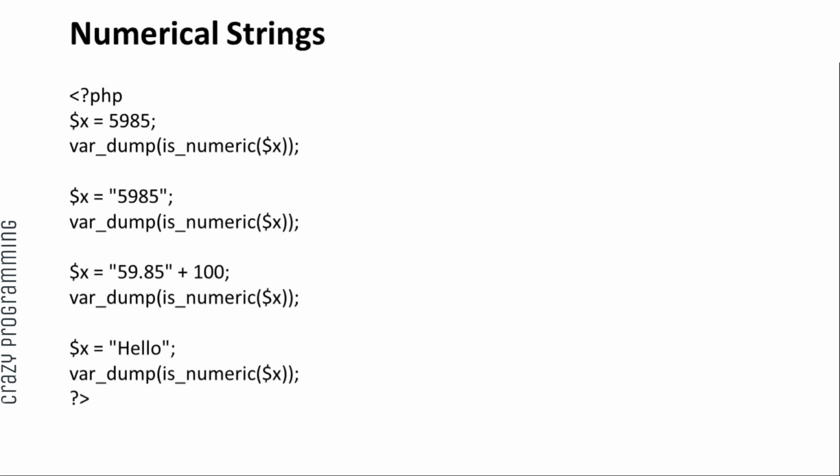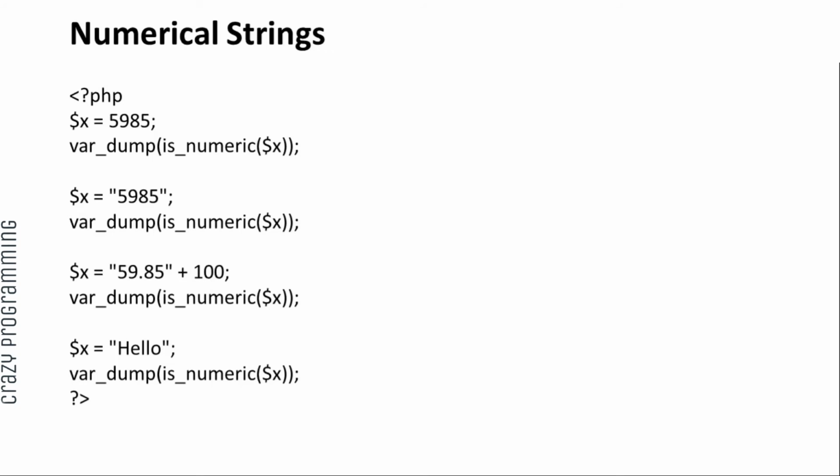Like that, you can see the third example, that is x variable shows both: in double quotation marks 59.85 and without double quotation marks plus 100, and we will see whether this is a numeric string or not. We are going to see all this in the next upcoming videos.